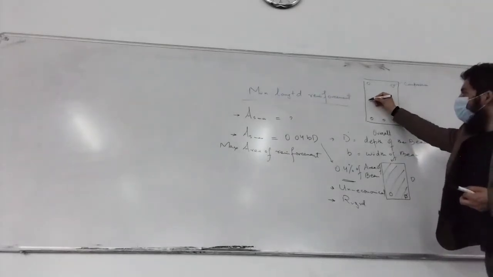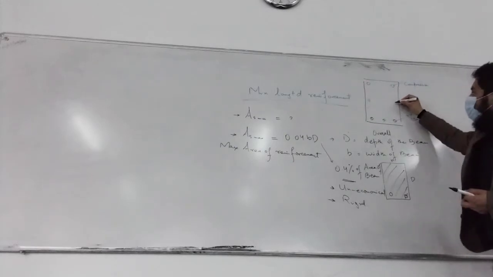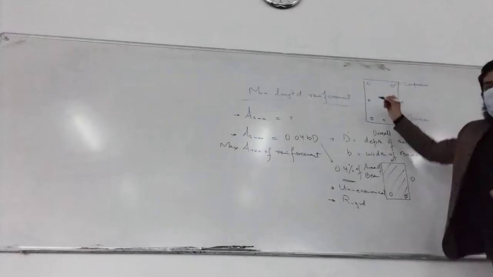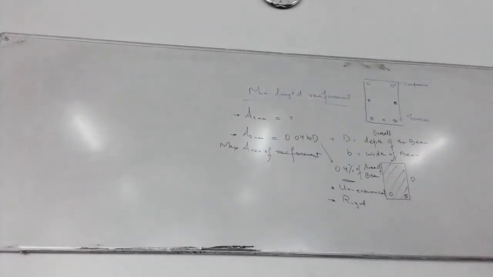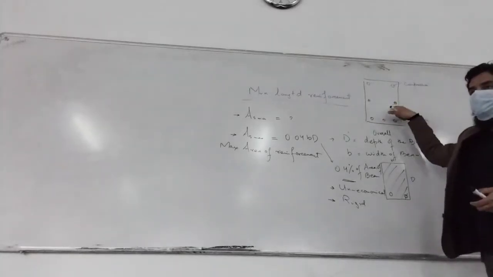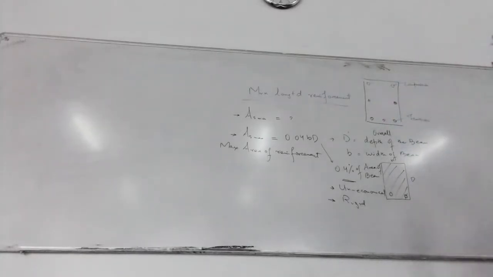But you can also have side reinforcement at the same time. This is side reinforcement. Now, where do we provide side reinforcement in a section? These are at the sides, at the center, or just below and above the center. Why do we provide the side reinforcement? What will be the purpose of this?